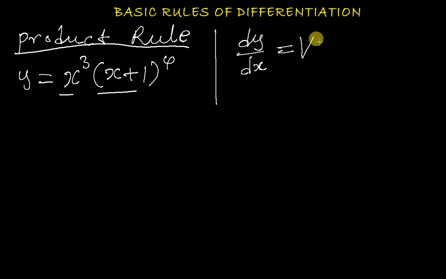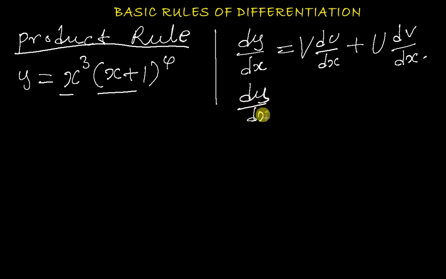U prime is just the same as du dx, and then plus u dv dx. That is how you use the product rule. Some books represent it as v u prime plus u v prime. So this is exactly how you use the product rule.